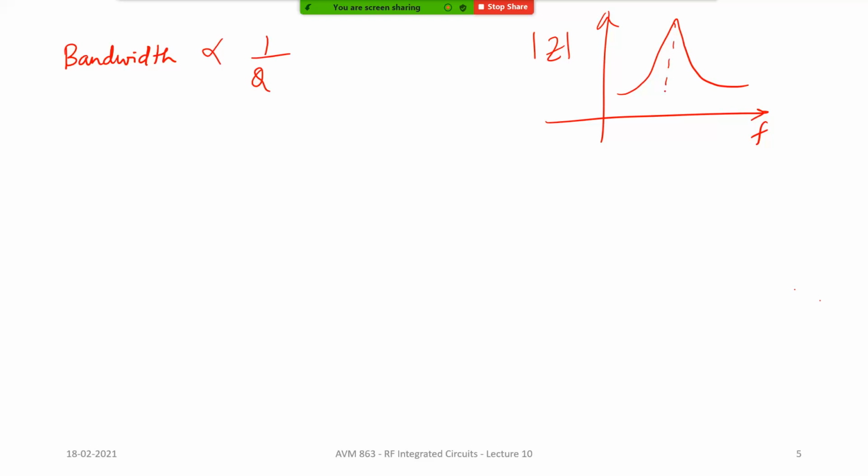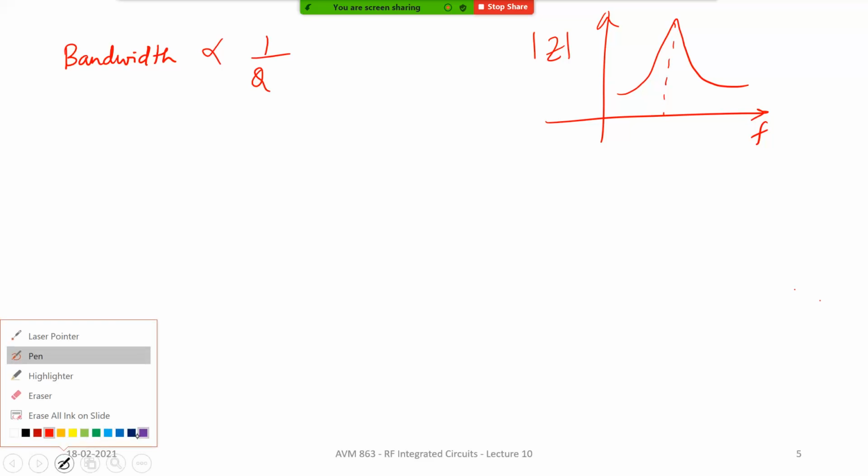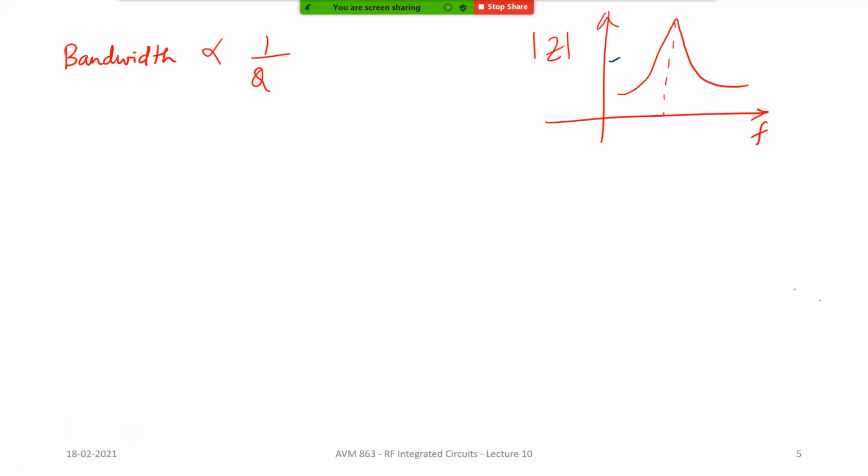So inversely, sir. It is inversely proportional to Q, right? So if you look at, let's say, for a parallel RLC, the magnitude of Z versus F, it's going to look like this. So if you have a low Q system, your low Q system will be like this, and your 3 dB bandwidth will be much wider.